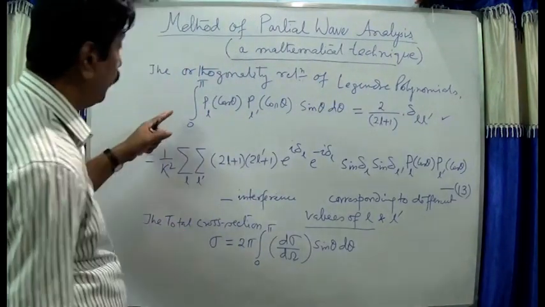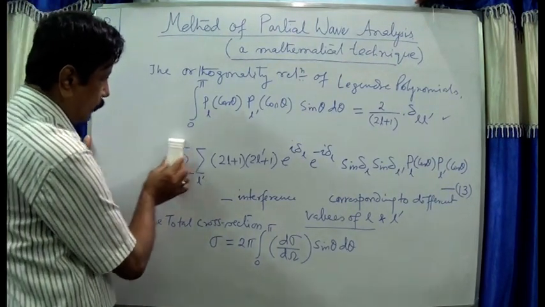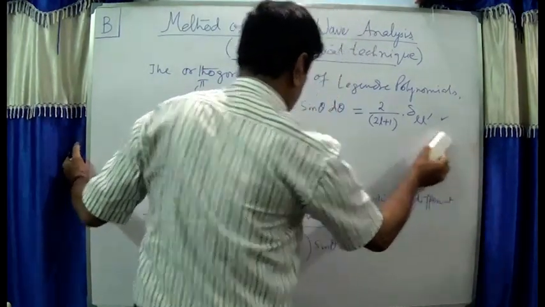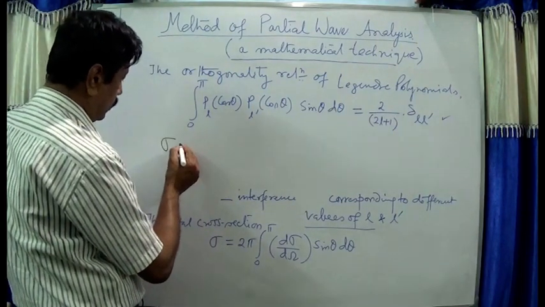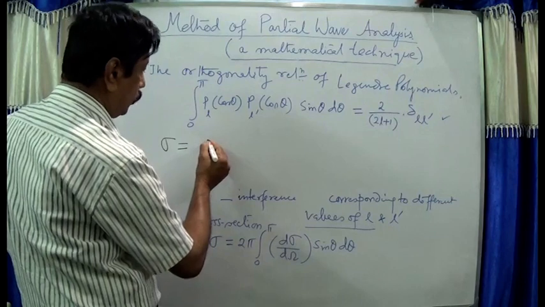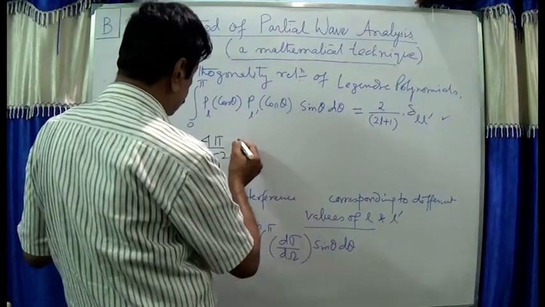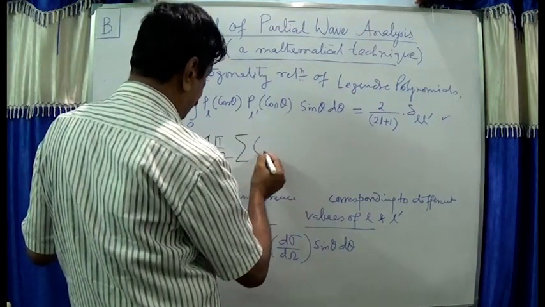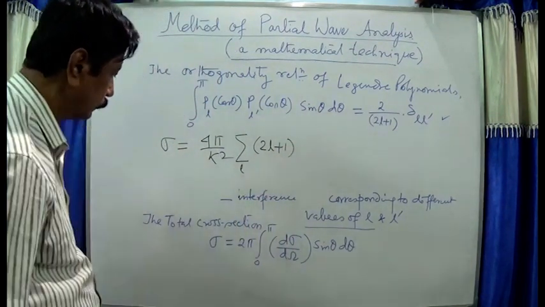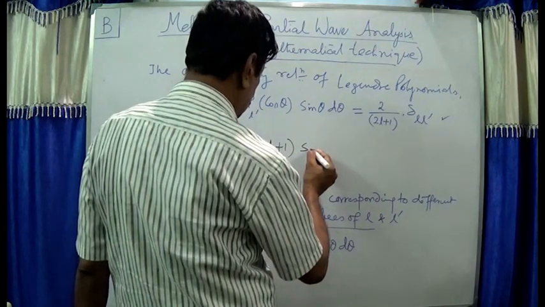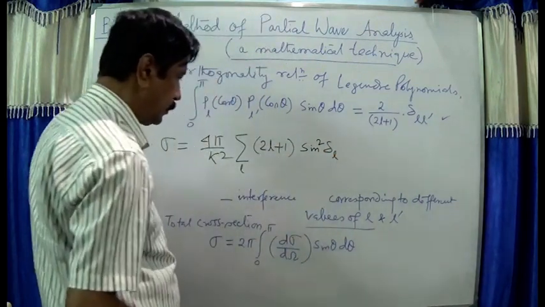So, considering that situation, we can rewrite the expression for the total cross section in this way: sigma equal to 4 pi by k square, sum over L, (2L plus 1), sine square delta_L.